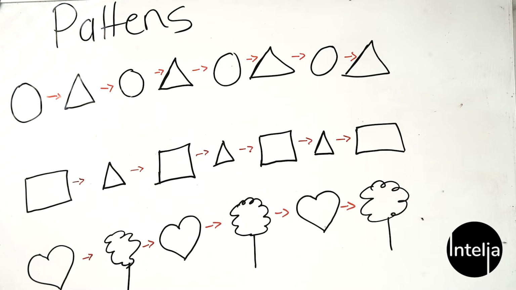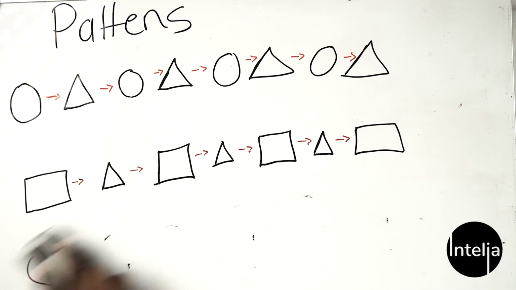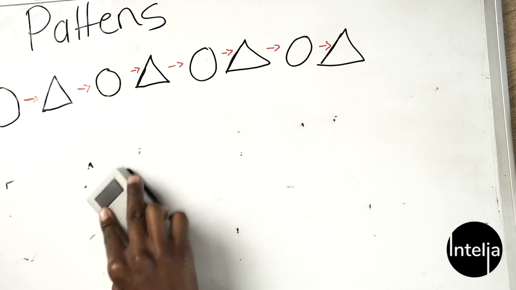You add 2 to 2 to make 4, and then you add another 2 to make 6. So it's 2, 4, 6, 8, 10, 12, 14, going on and on. Like 10, 20, 30, 40, 50. That's a pattern. So I'm going to quickly erase this so that I give you the number examples for patterns.